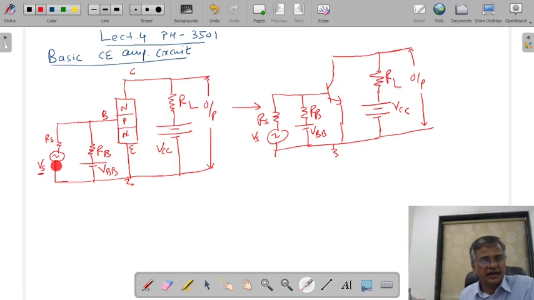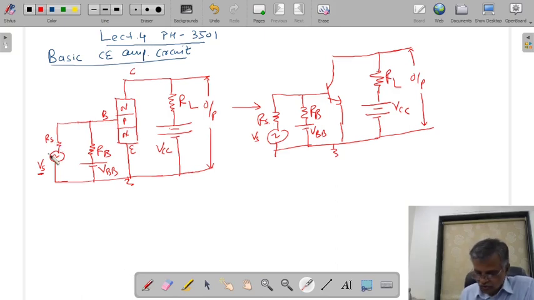Suppose you are speaking into a microphone, that audio signal is converted to an electrical signal with the help of the microphone, and that signal is amplified here. So Vs is the input signal. Rs is the resistance of the transducer, or the source from which you are taking the signal. It is called source resistance.